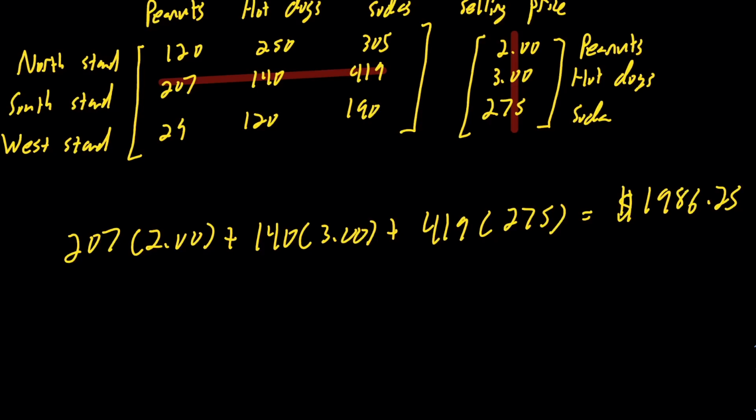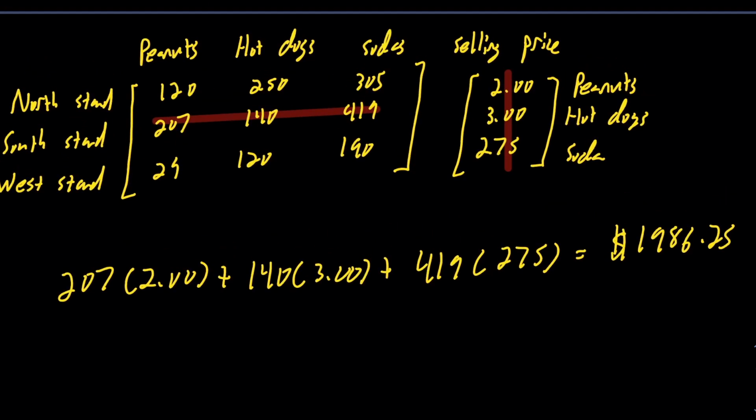Now, how can you find the sales at the north stand? And if you think it's the same process, you are correct. We would have to grab the first row corresponding to the north stand and multiply again by the same column vector, which corresponds to the selling price.